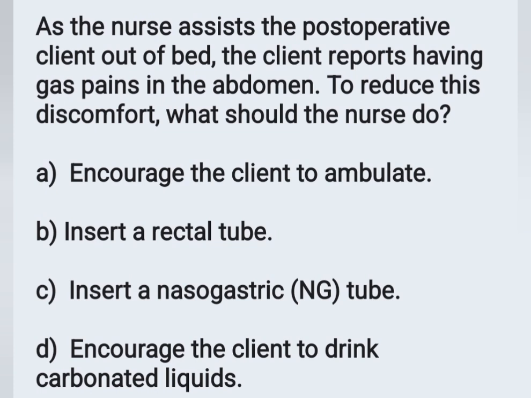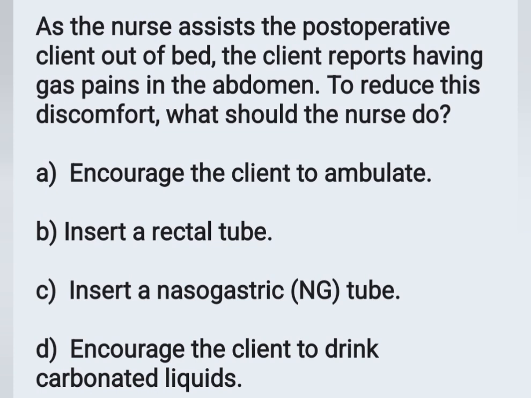Here the question is: during the post-operative period, that is after surgery, a nurse assists the client out of bed, helping the patient to come out from the bed. During that time the patient reports having gas pain in the abdomen. So what should the nurse do first to reduce this discomfort?